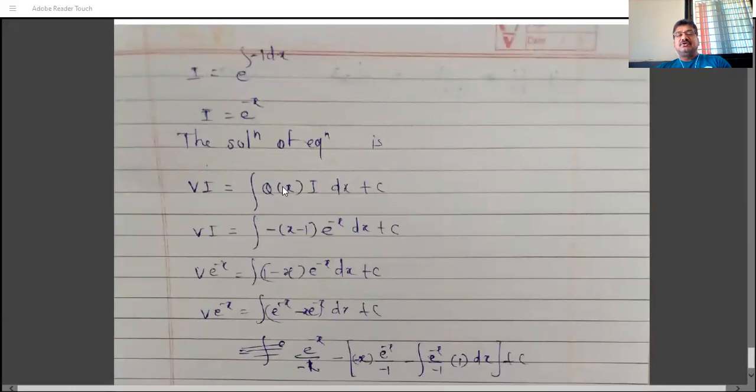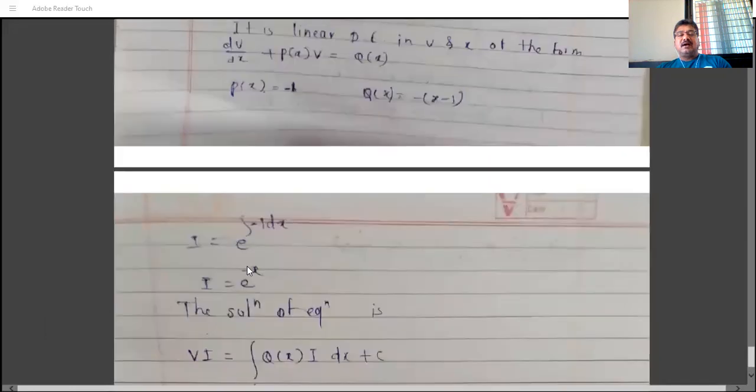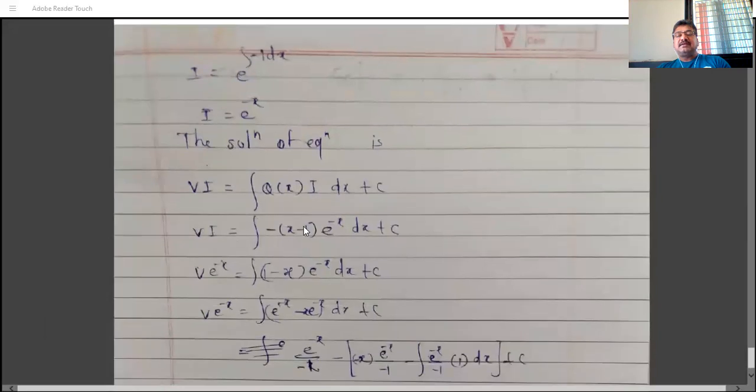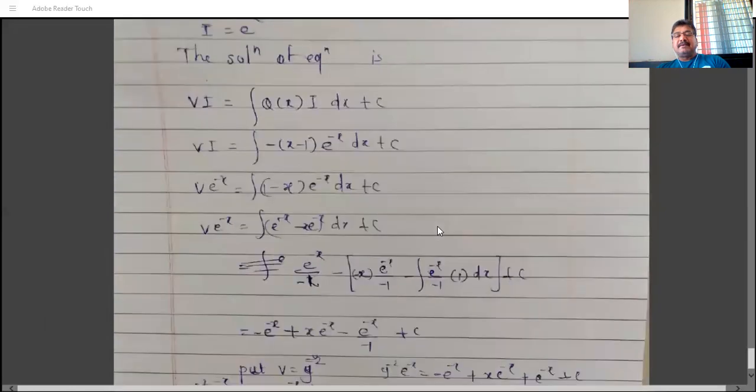So substitute I as e raised to minus x, and Q as minus x minus 1 in bracket, so minus (x minus 1), and I as e raised to minus x. Similarly here also, substitute e raised to minus x, dx plus c.